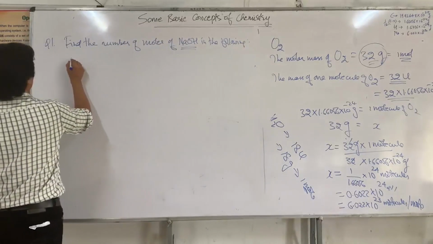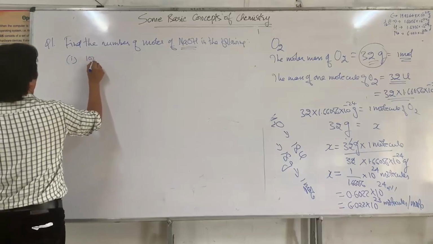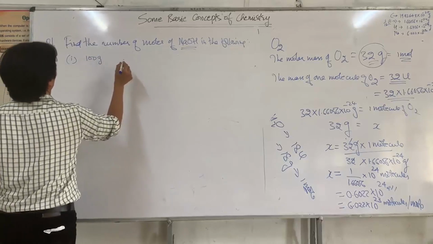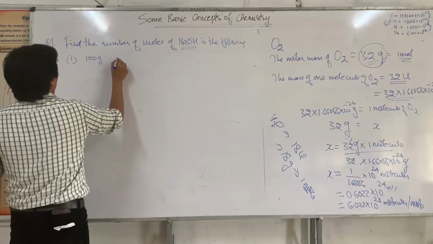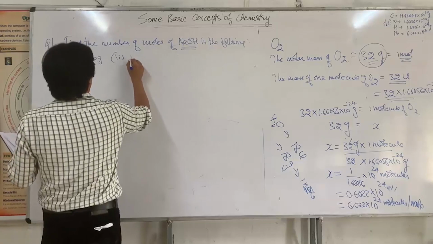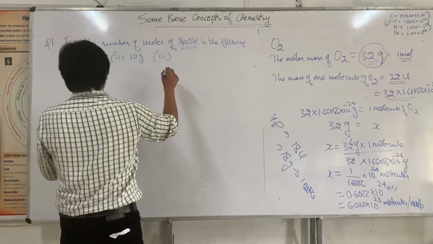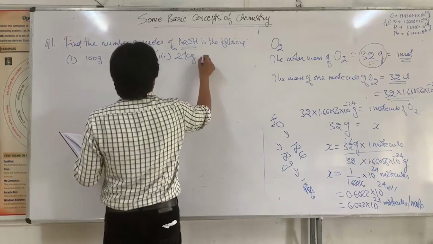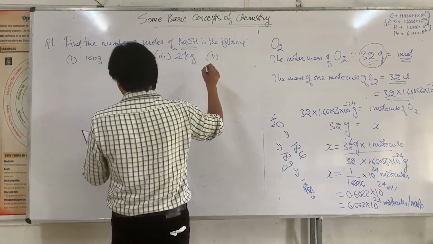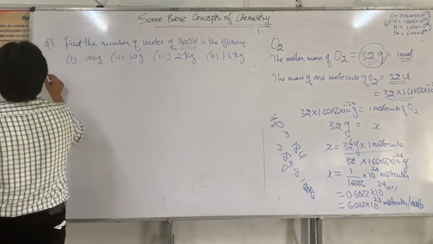The first one is 100 grams of sodium hydroxide, the second is 10 grams of sodium hydroxide, the third is 2 kg of sodium hydroxide, and the fourth is 1.6 kg of sodium hydroxide. Very simple.